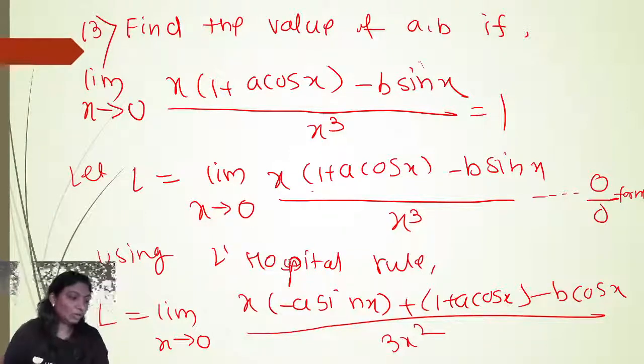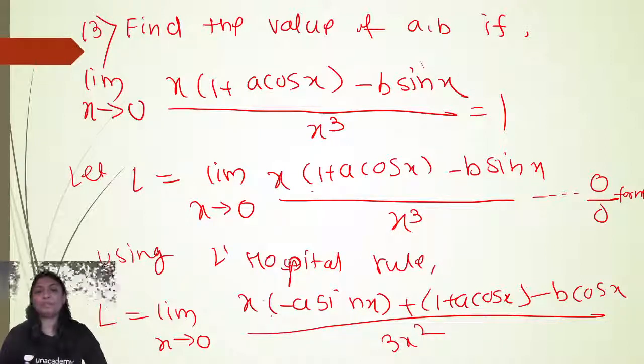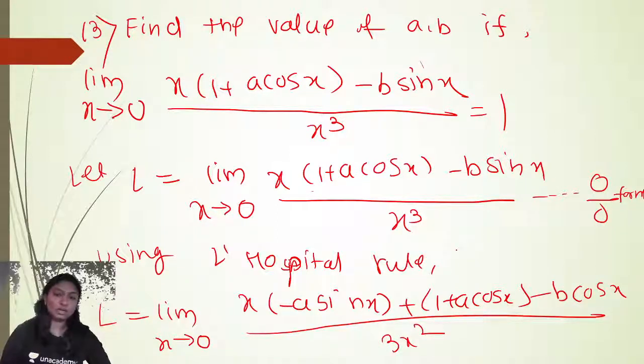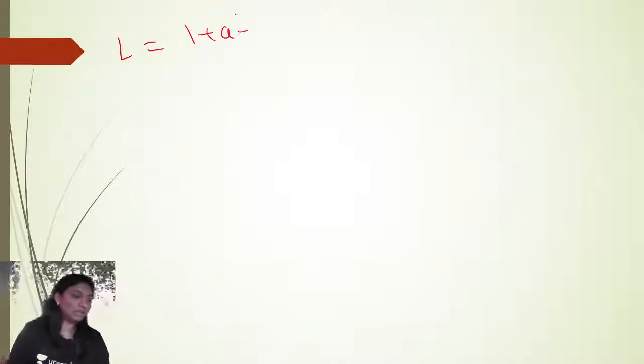Right, now here if you observe, put the value of x tends to 0. As x tends to 0, this will become 0. A cos 0 is 1. So 1 plus a minus b, right, upon 0. We will get here L is equal to 1 plus a minus b upon 0.